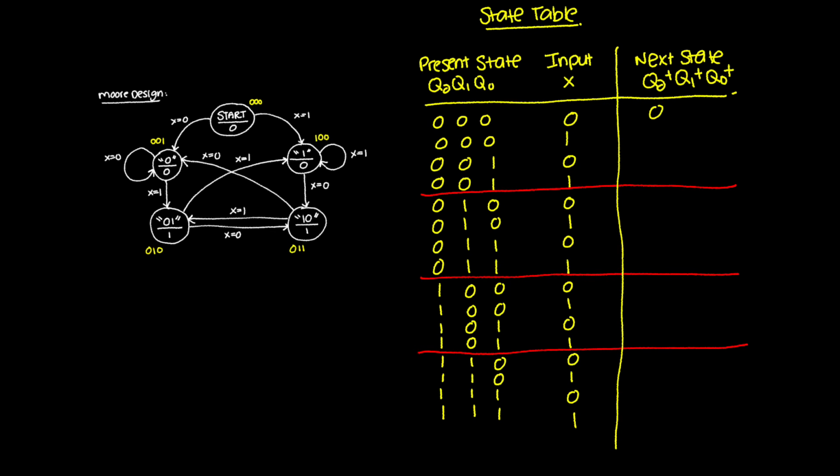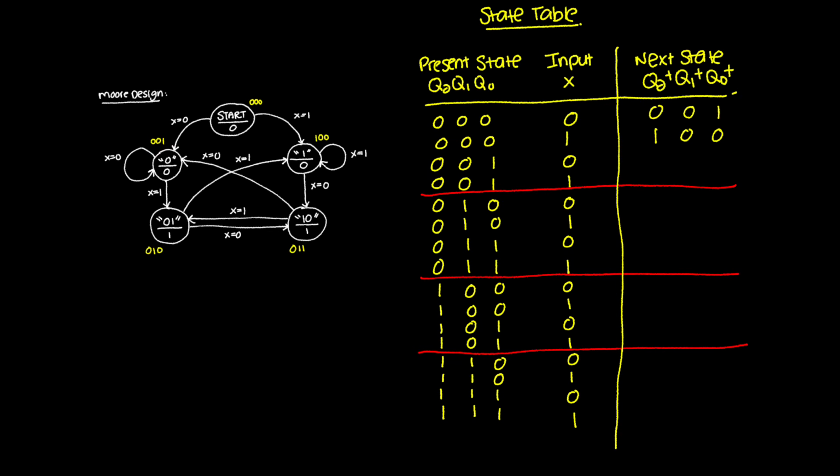So I'm just going to fill that out over here. Okay, next row, I'm in state 0, 0, 0, so again, that's my start state, and my input x is 1, so my next state is going to be 1, 0, 0. And I'm going to fill this out for all the remaining. I'll just show you how this works for the first few.